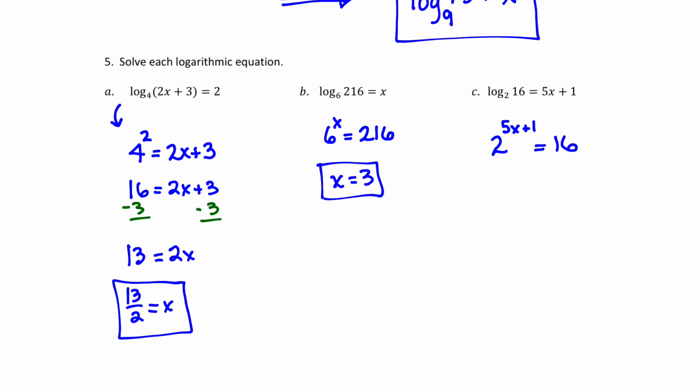I did 16 equals 2 to the 4th, and then I put those equal to each other, and just put the exponents equal to each other. Beautiful. You got both the bases to be the same. When both bases are the same, we can equate the exponents. So 5x plus 1 is 4, which means 5x is 3 because we subtract 1. And so x is 3/5.